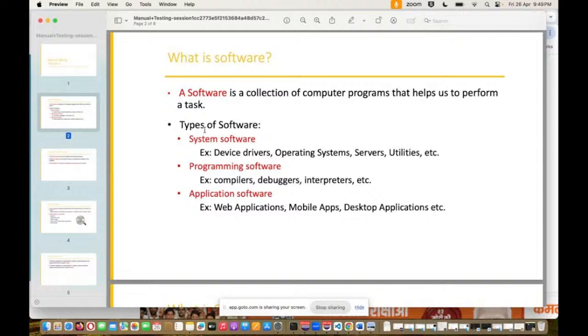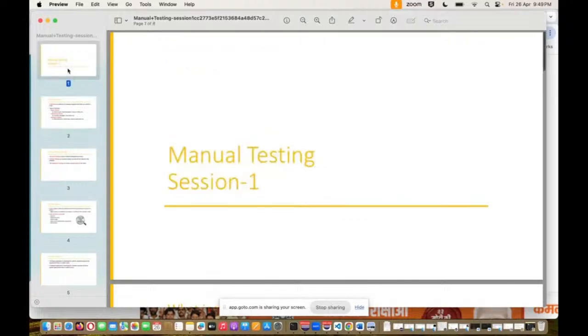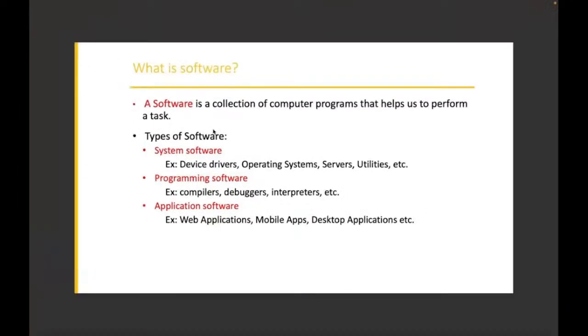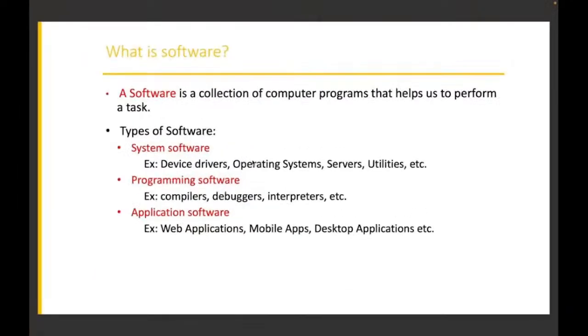At high level, software is nothing but computer programs that help us perform a task. We have different kinds of software such as system programming and application. As a QA, senior QA, or automation engineer, we mostly work on application software, where we have several tools.